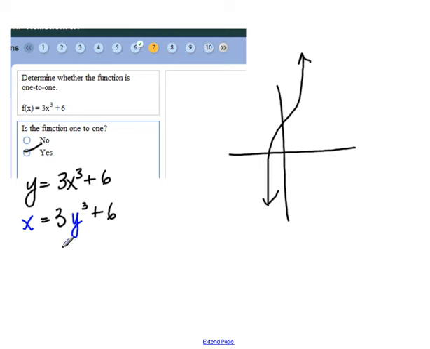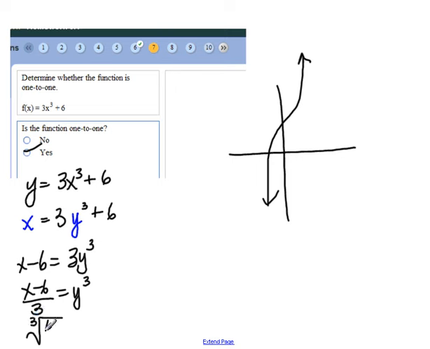And then solve for y. So we would have x minus 6 is equal to 3y cubed. Then we can divide through by 3. And then we can take the cube root. So the cube root of x minus 6 over 3 would be the inverse function.